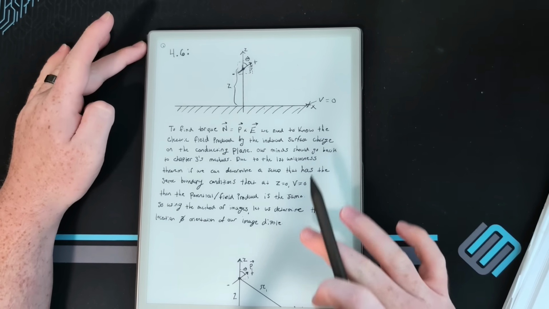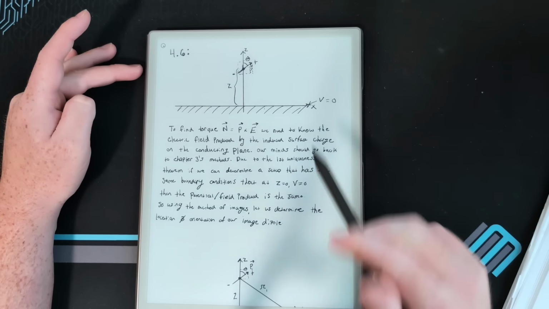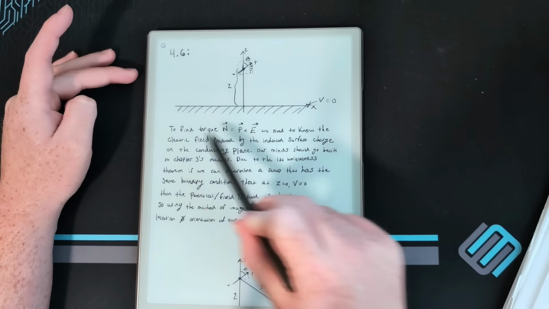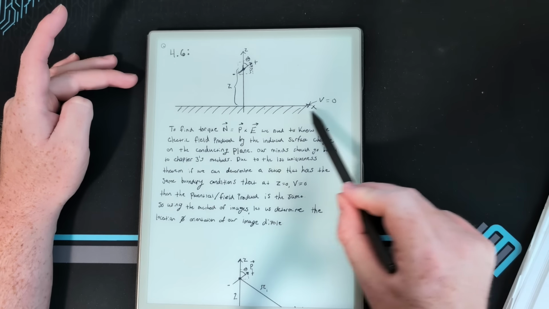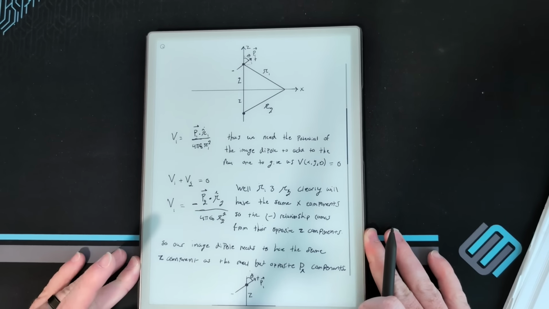So what we can do here is use the method of images to replace this conducting plane that has a potential 0 here with essentially an image dipole.